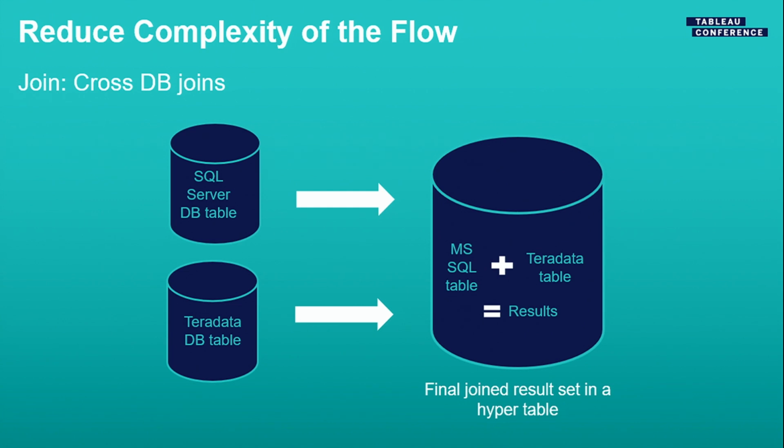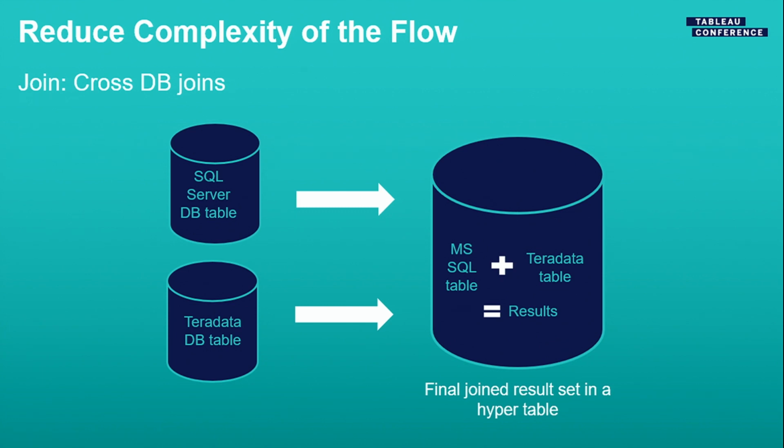Now, I just want to point out a couple of performance things to be aware of. This extra data move of moving the data from the SQL and the Teradata into Hyper can be costly because you're moving a large amount of data, usually, over the network. Now, one thing I have noticed, if your source database tends to be slow to begin with, moving that data is a one-time cost.